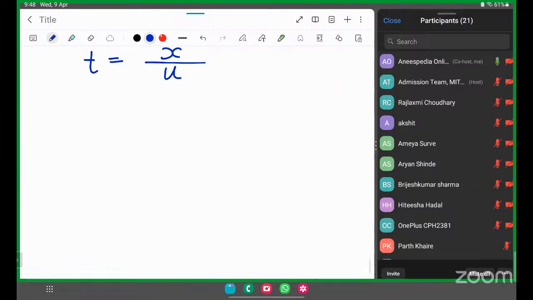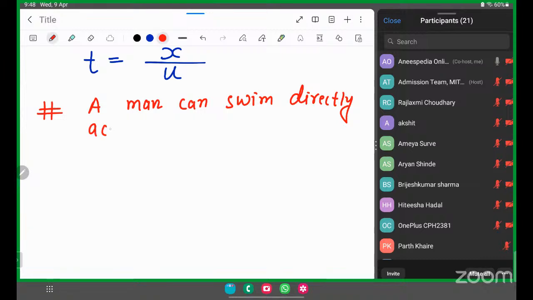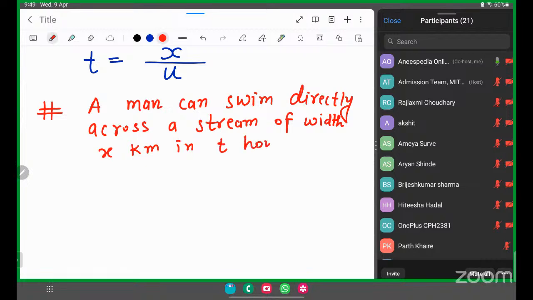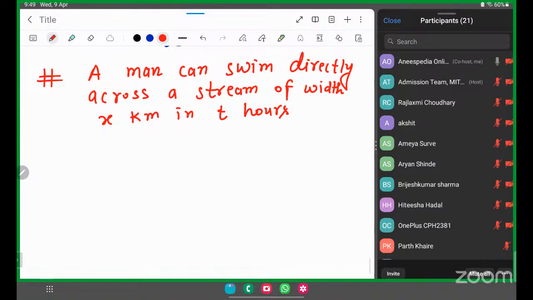Next point is: a man can swim directly across a stream of width x kilometer in t hours when there is no current.